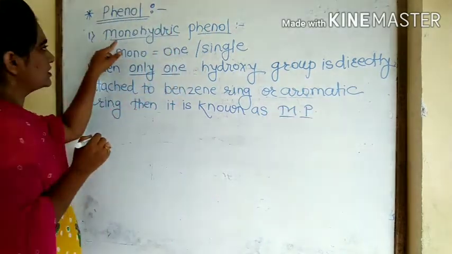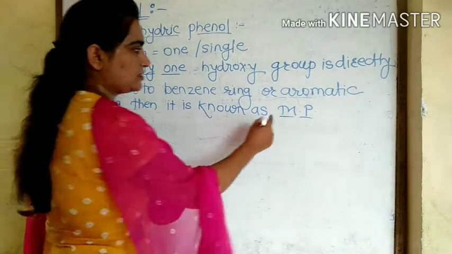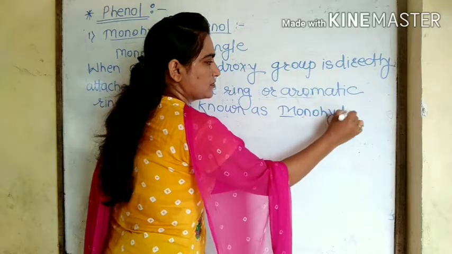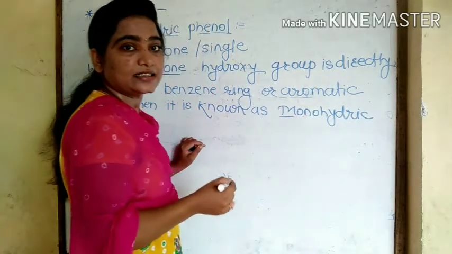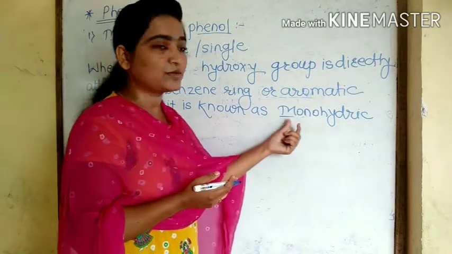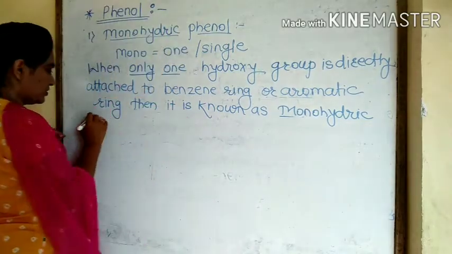Okay, that is monohydric phenol. We can also write here monohydric phenol in full, because if we write MP then again we get confused. Maybe melting point is there, but no, not melting point. It is what? Monohydric phenol.